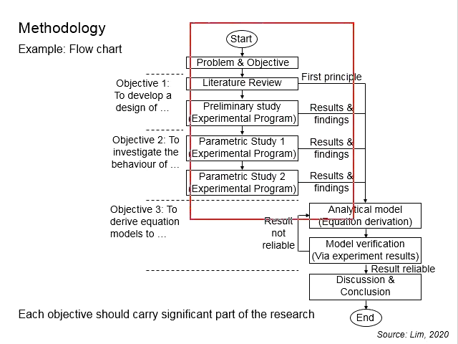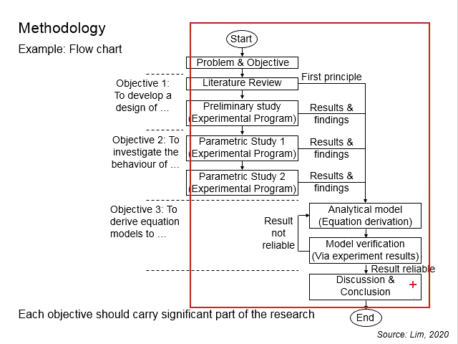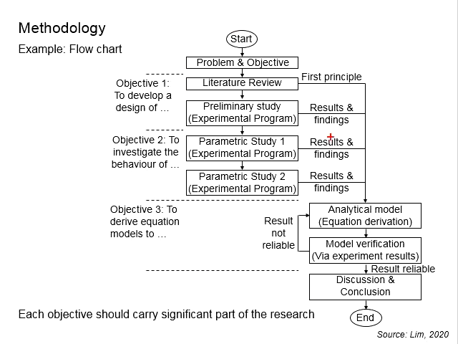The flowchart here shows the stages of your research study, as well as the relationship between those stages. The first principles and fundamentals as acquired from the literature review will be used for the analytical derivations, as well as for the discussions of the results.